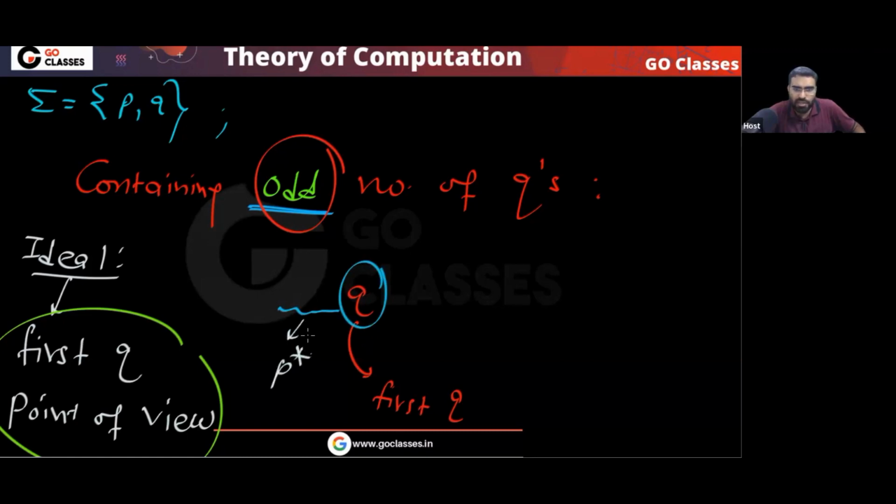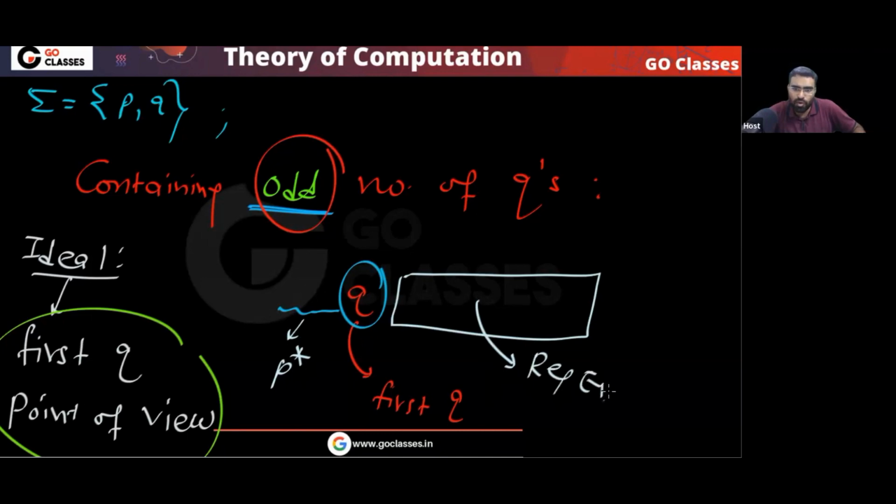On the left of it, you have P star. Very good. And what is here? Here you have the regular expression for even number of queues. Isn't it beautiful?